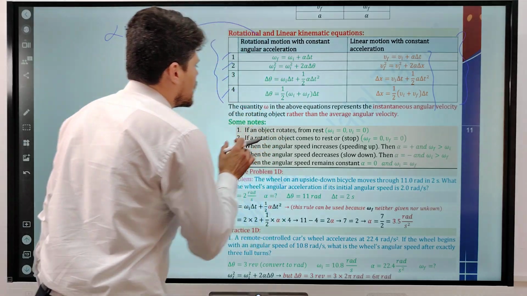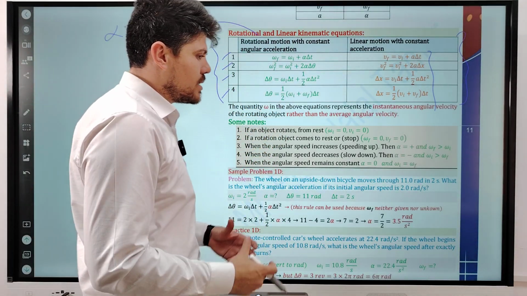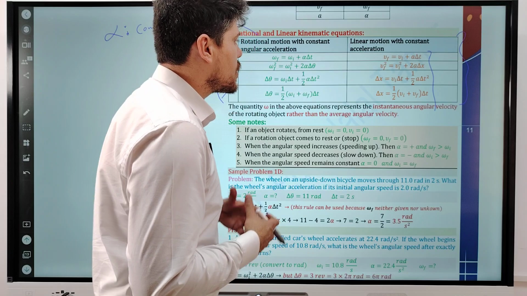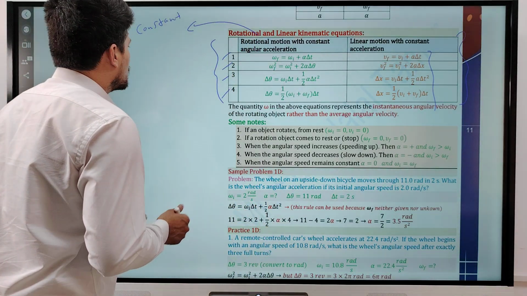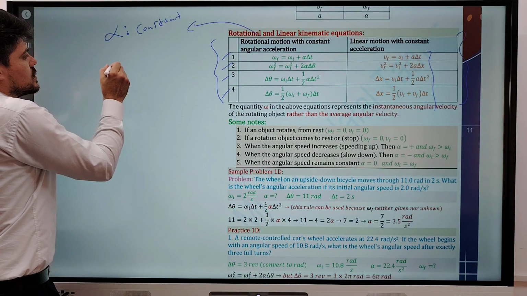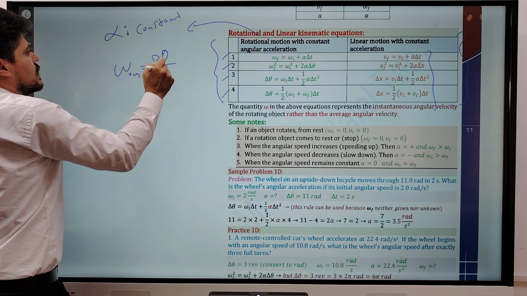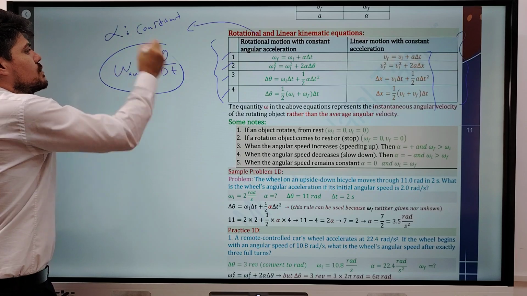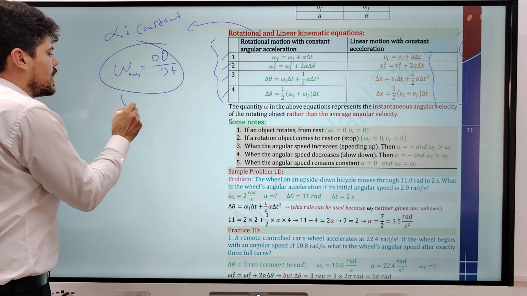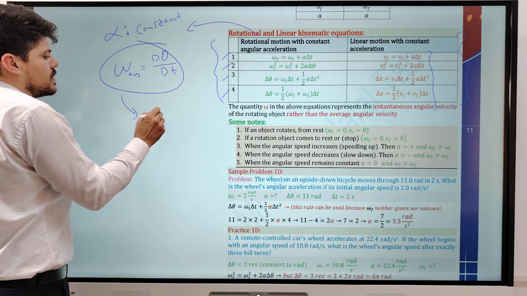Be careful, because sometimes it will be complicated and confusing for the students, because sometimes they mix these 2 equations together. So this equation can be used to find the average angular speed. For what?